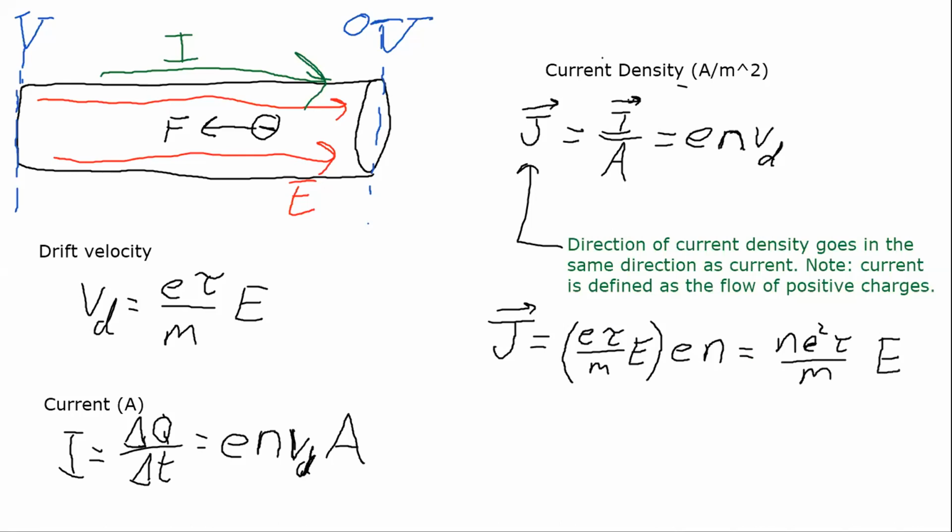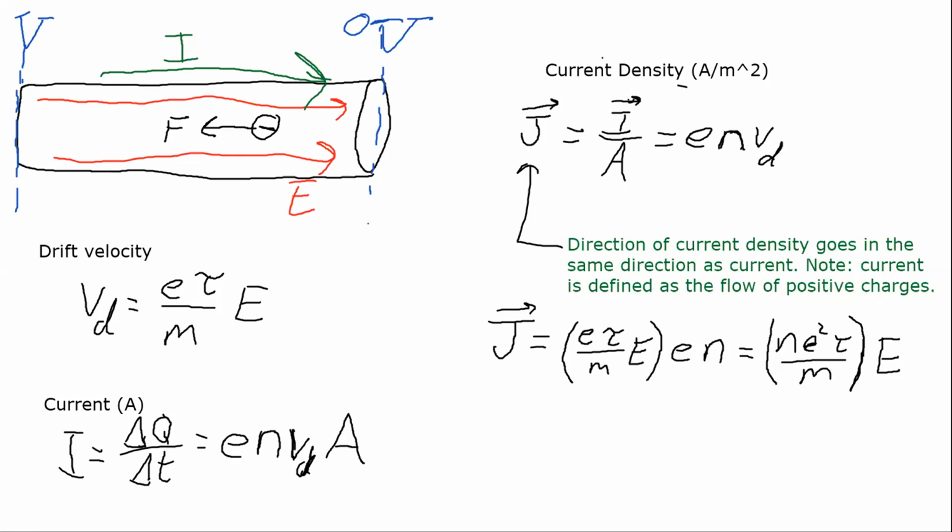Okay, so take a look at this in here. All of these are constants, right? You have e, which is the charge of the electron, the fundamental unit of charge. That doesn't change. We have mass, which is just the mass of the electron, so that doesn't change. We have n, which is a number density, so that depends on the material.